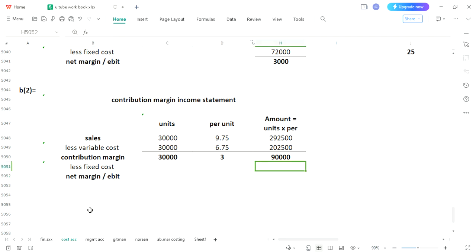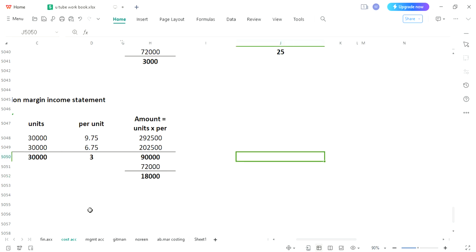So come over here and put 72,000, after which we are able to calculate our net margin, which is the difference between contribution margin and fixed cost. To calculate the difference, we will write contribution margin 90,000 and subtract fixed cost 72,000. In this way our net margin is also calculated.